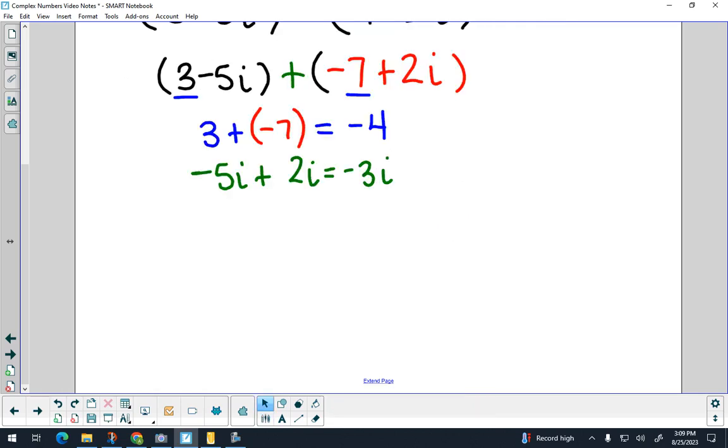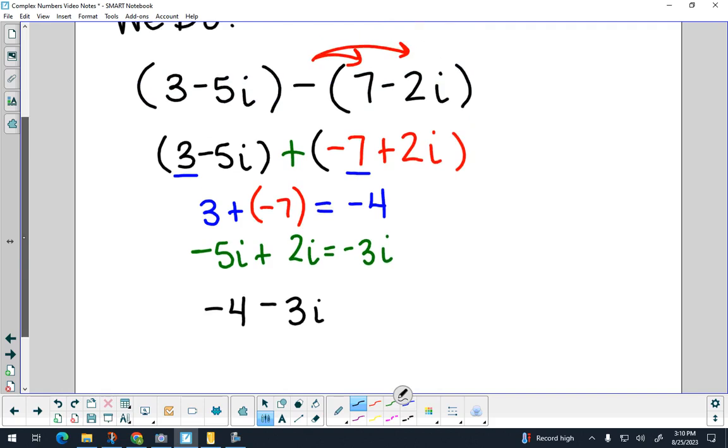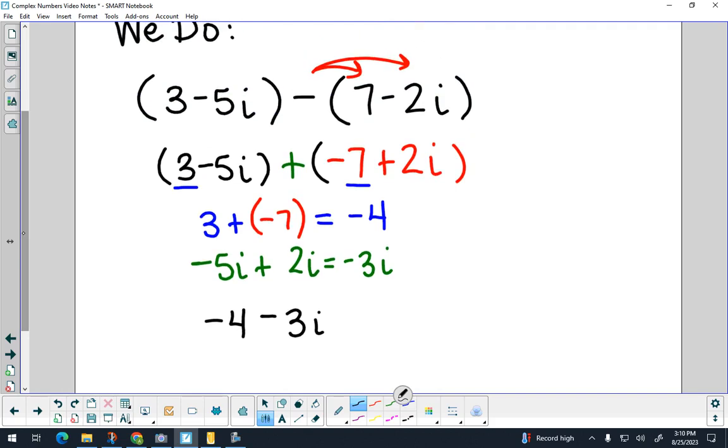So when we want to write our final answer out, it should be negative 4 minus 3i. Okay? So again, remember to distribute your signs. Okay, distribute your signs, that negative sign, and change the signs.